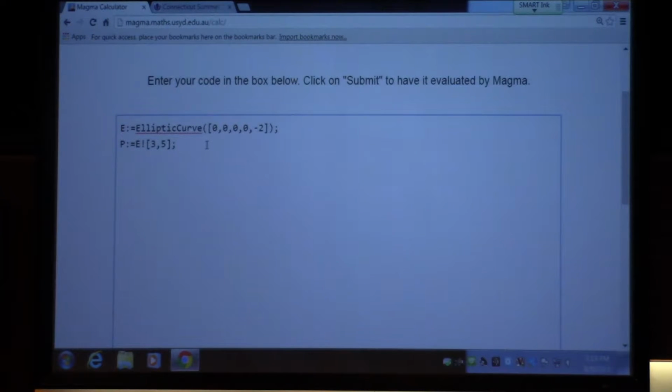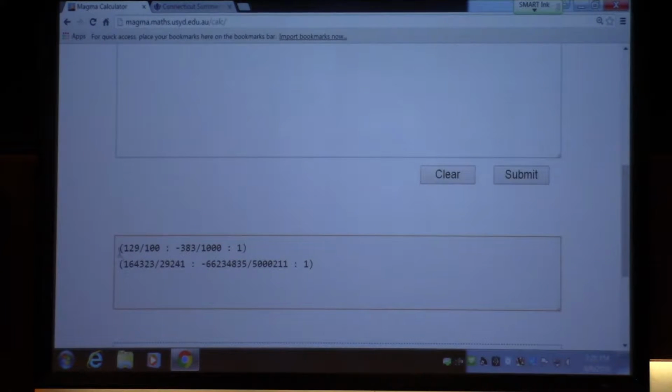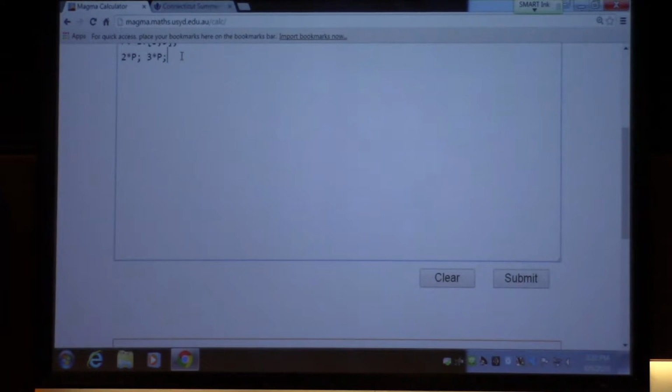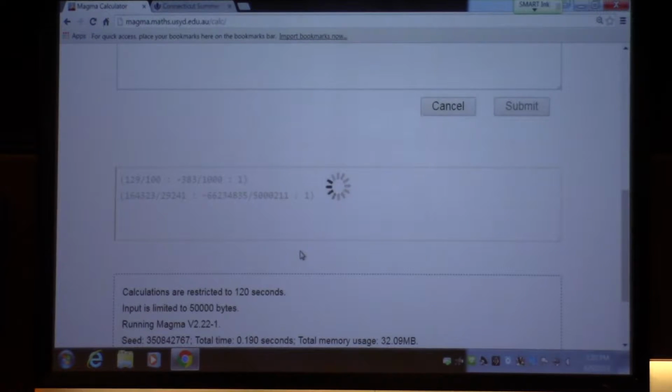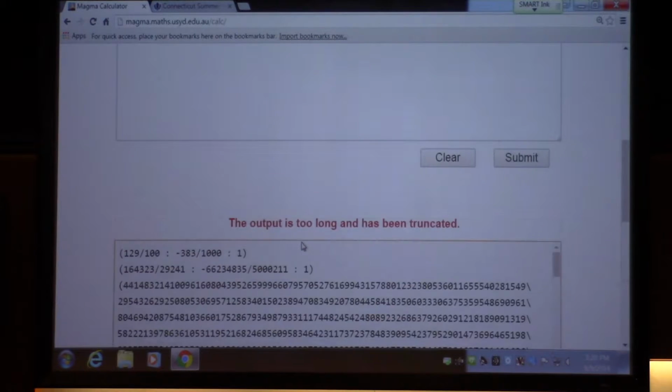So now I can do addition on my elliptic curve, 2p and 3p, and see what happens. So this is the coordinates of twice p and 3p, and I can do 1,000 times p. The output was too long, so this means it continues.